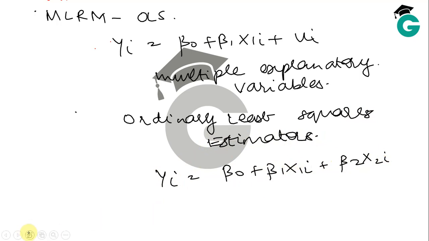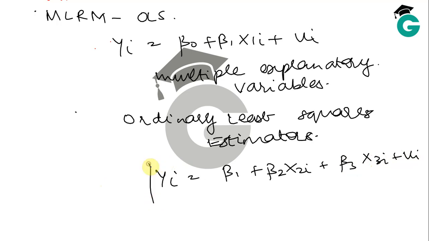In fact, let me just make our lives a little easier. Let's try to be a little more intuitive this time. So beta 1, beta 2 x2i plus beta 3 x3i plus ui.